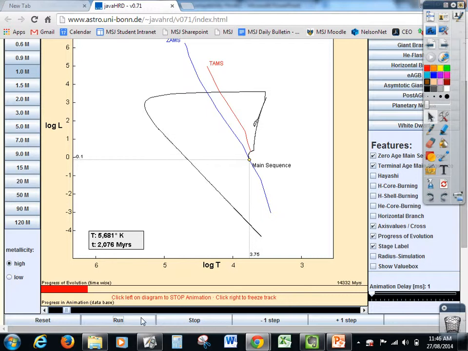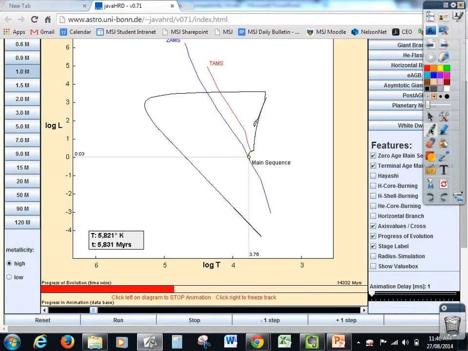Now the sun stays for quite a large period of time on the main sequence. So as you can see, if you really zoom in here, we started at this point just there. And how much have we moved? And I'll tell you the time. The time is nearly 6,000 million years.